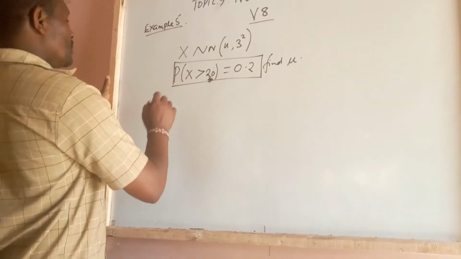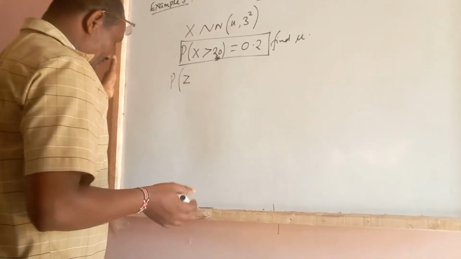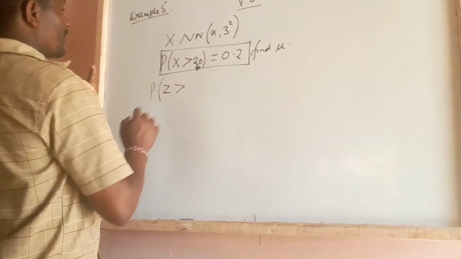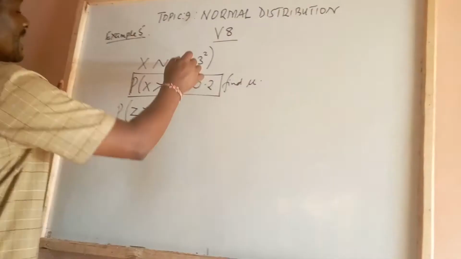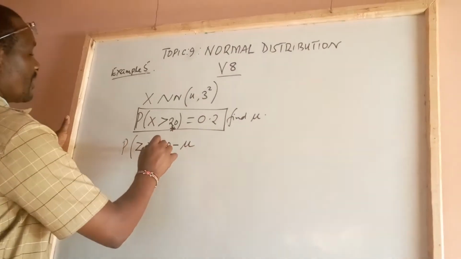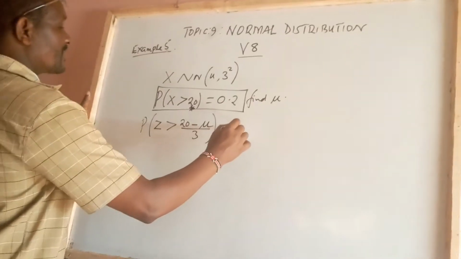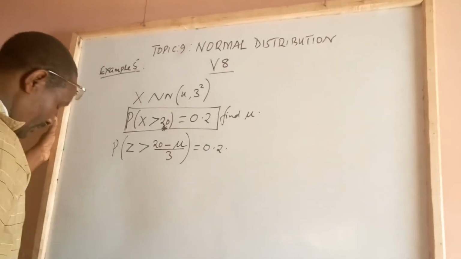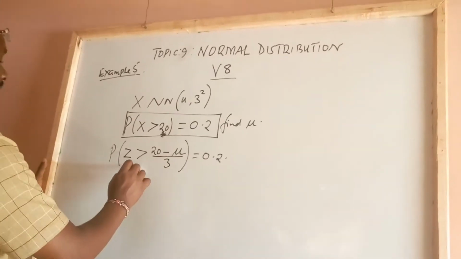So if we want to introduce the z, like we've learned in the previous examples, we have 20 minus the mean all over 3, and this is what is giving us 0.2.